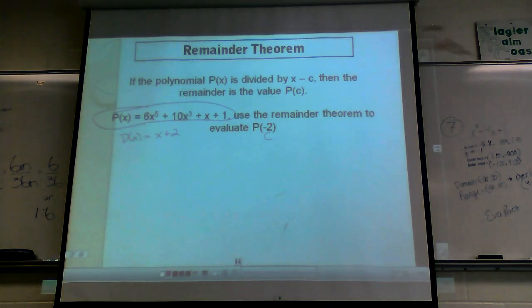Using essentially what I just had up there, doing the synthetic. I wouldn't expect you to do this by long division. You can do synthetic, it's going to be a lot quicker. If I set this up, this would be 6x to the 5th, 0 x to the 4th, 10x cubed, 0x squared, 1x, 1.